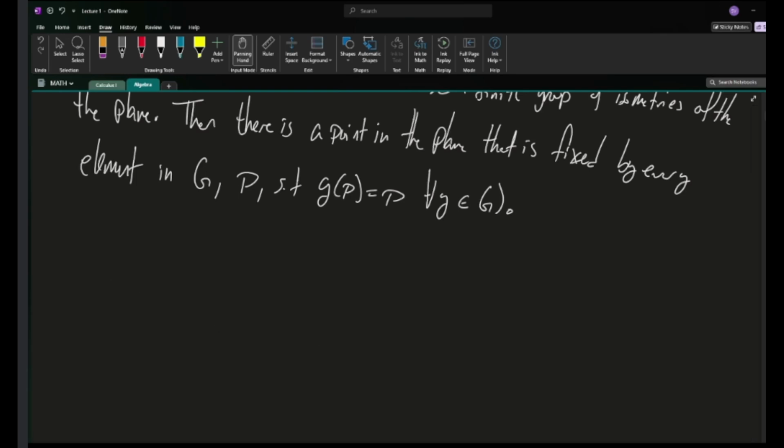Let me go ahead and pull up the textbook really quick because I think I got this segment wrong. That doesn't sound right.